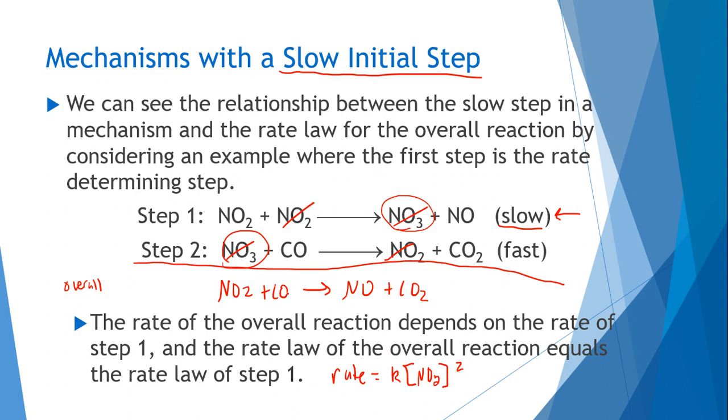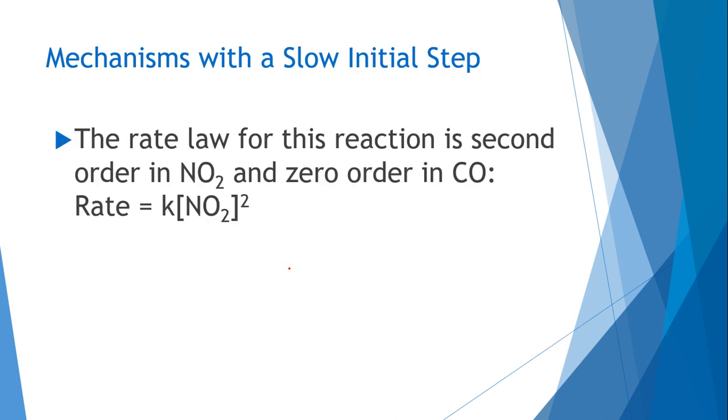Note that even though carbon monoxide is a reactant, since it is not part of that rate determining step, my carbon monoxide actually has a 0 order. It does not affect the speed of the overall reaction at all. So here the rate law for this reaction is second order for NO2, but 0 order for carbon monoxide, giving us the following rate that I put on the previous slide.